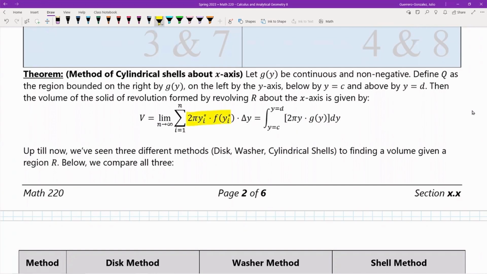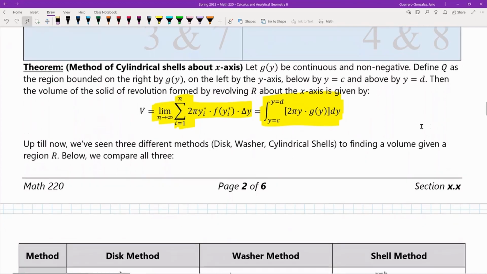We add up all the soda cans together, and collectively they become an approximation for our volume. The second we make those partitions infinitely small, we have an integral. So the integral when we do it with respect to y is exactly the same.